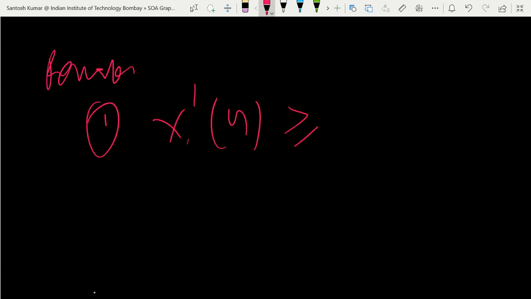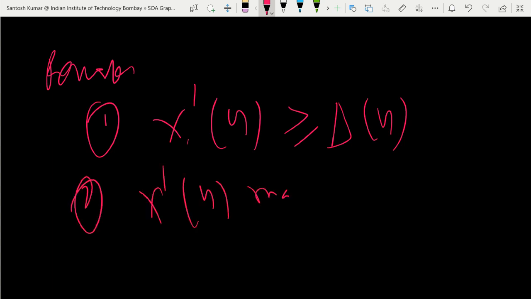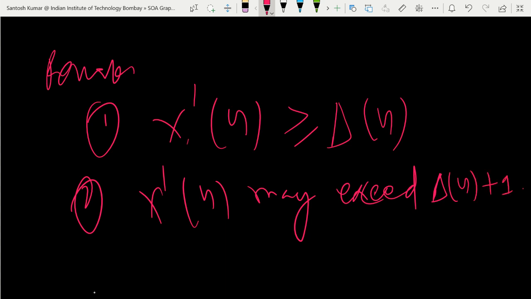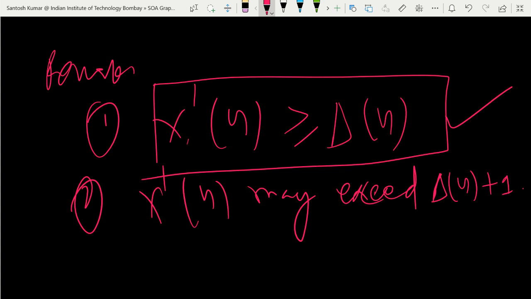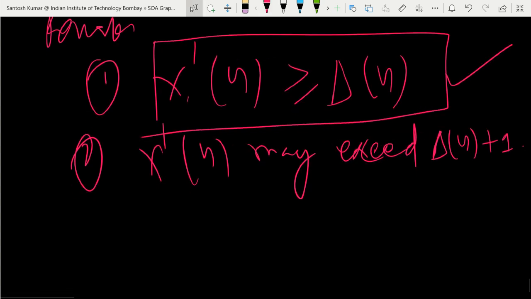Edge chromatic number chi dash G is going to be more than or equal to delta G, and second, this may exceed but not necessarily. This may exceed delta G plus 1. Okay, it may be more than that, but this will always hold, and chi dash G may be more than delta G plus 1. Okay, but not necessarily always correct, but this is always.